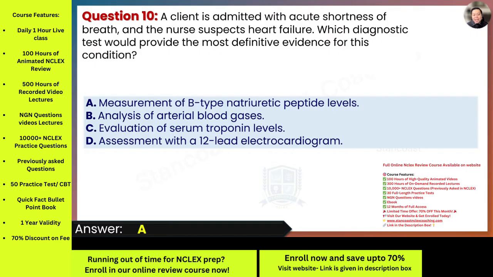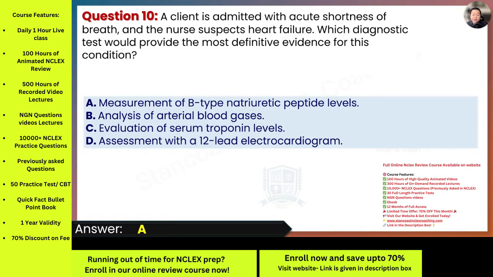Now, when a patient presents with an acute shortness of breath, it is very critical for you to pinpoint whether the underlying cause is heart failure or maybe another condition such as a respiratory issue.